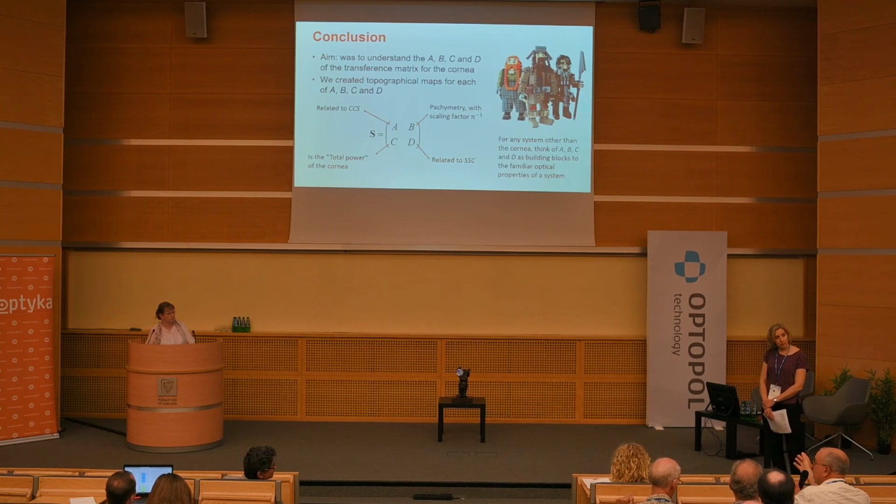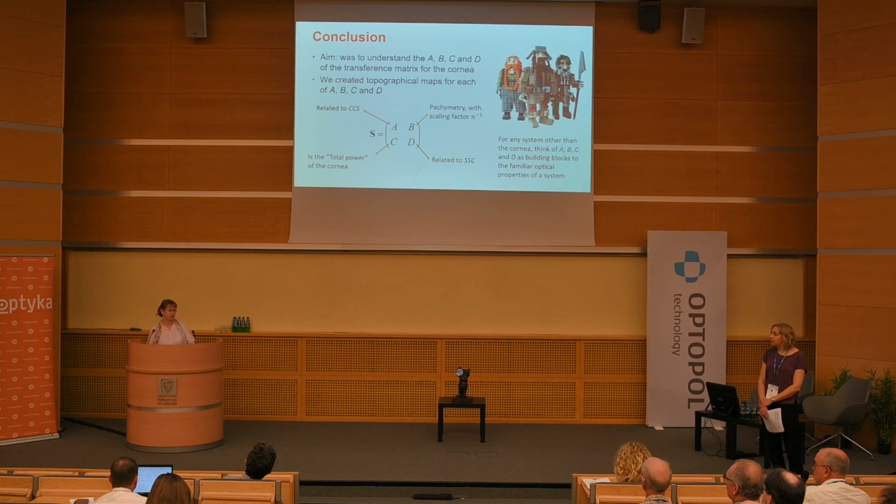Will it be very different when you are considering this thickness? At this point, we basically were exploring where the ABCD are taking us. I think what you're asking is going to be the next step, to have a look at the data on a large number of eyes and see what the effects are.